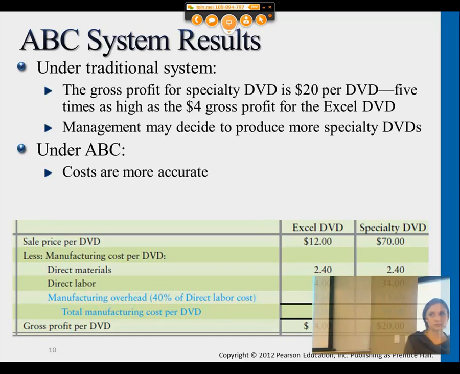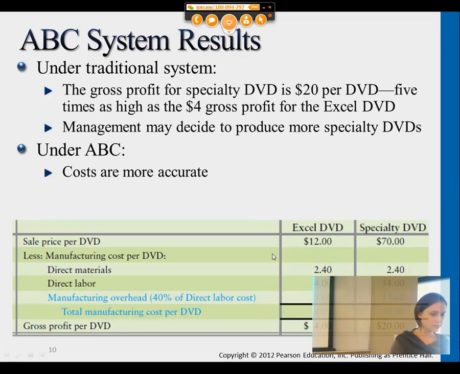Because the profit is so much higher, right? For my ABC, once I implement the ABC system, I can have a better look at what the costs are. Okay? So my Excel is $4. My specialty DVD is $20.